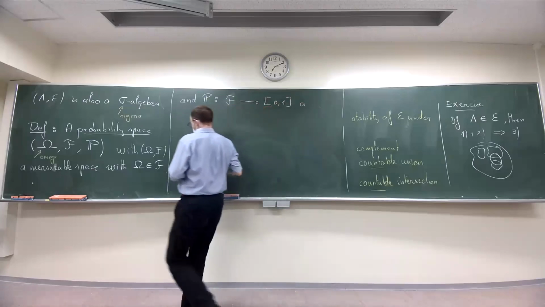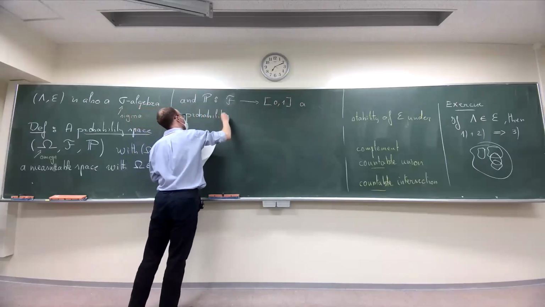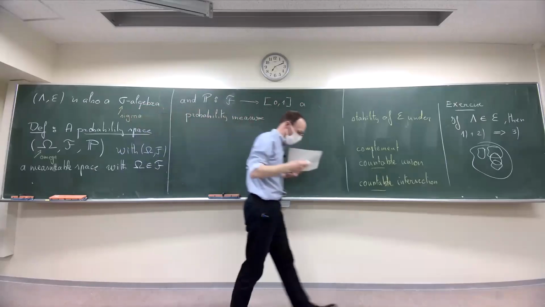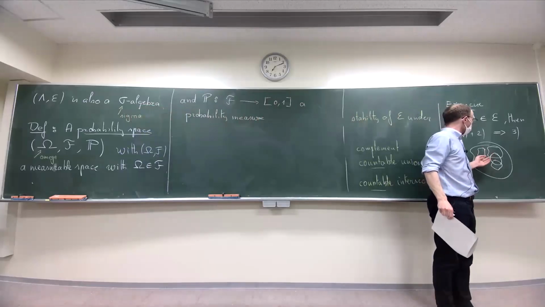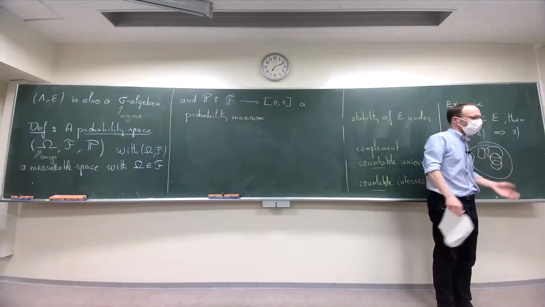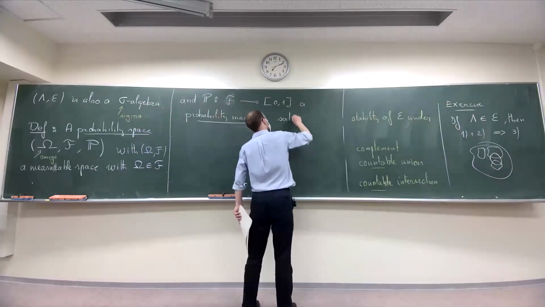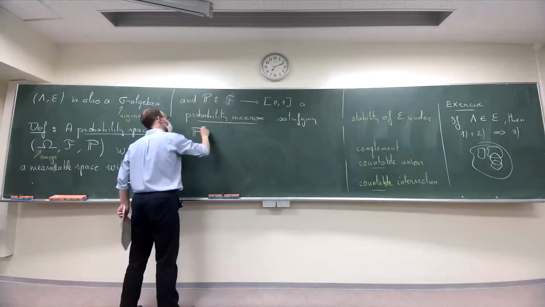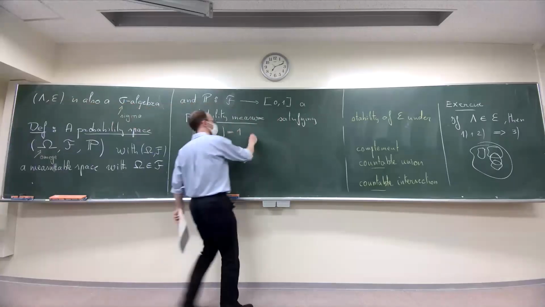It's called a probability measure. But how you should think about this, it's a way to give a weight. You want to know what is the weight of each set. You want to measure either the size or the weight of each set. So it's a probability measure satisfying P of the entire set is 1. The weight of the entire set is 1.